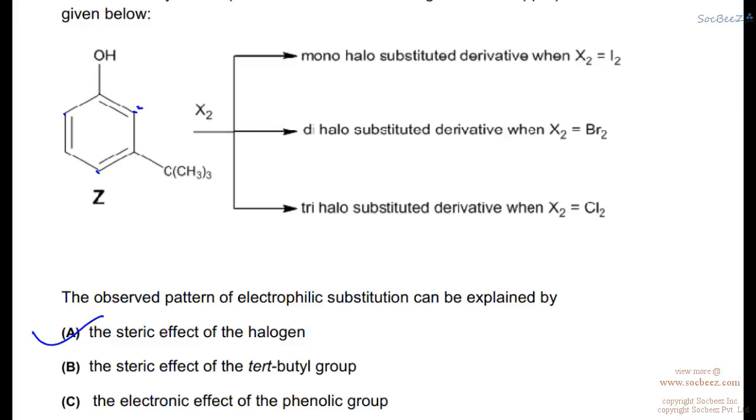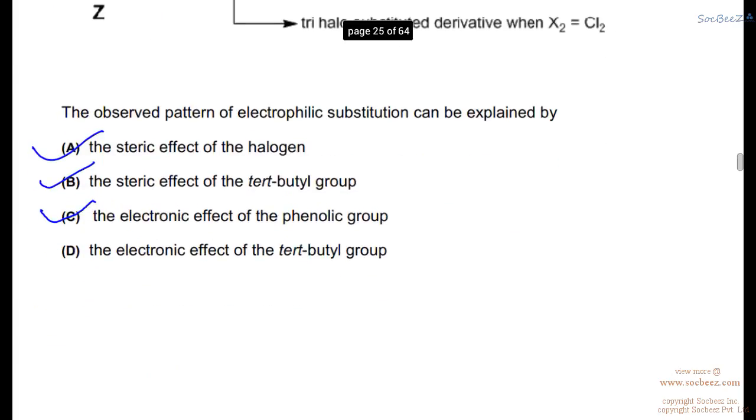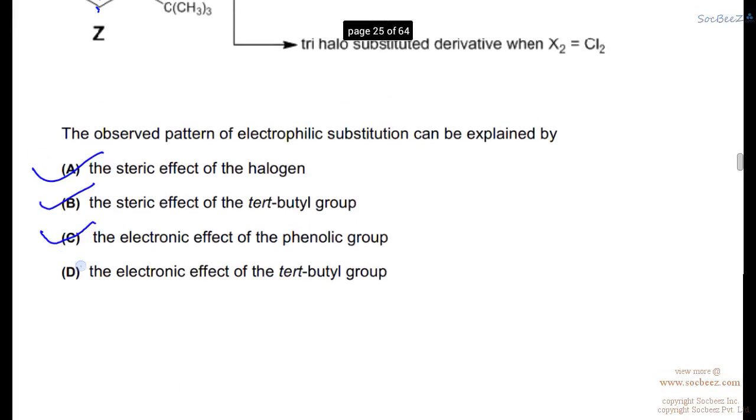Now the steric effect of tertiary butyl group also plays a role here, and the electronic effect of the phenolic group. If the substitution occurs at these three positions, and as we know these three positions are most suitable when a phenolic group is present, the electronic effect of the phenolic group is responsible, but the electronic effect of tertiary butyl group is not responsible. Therefore option D is incorrect.